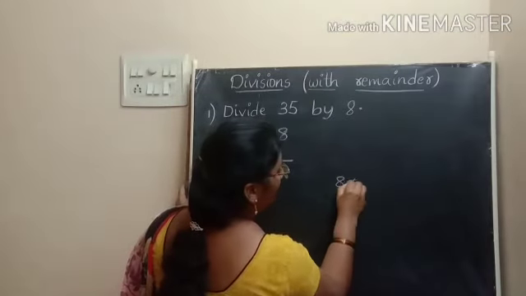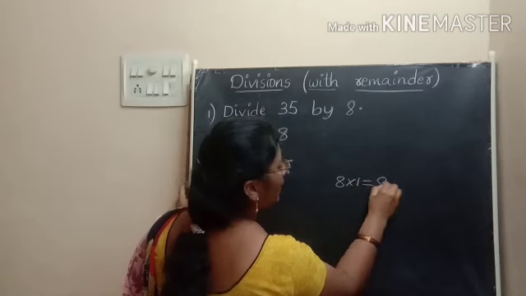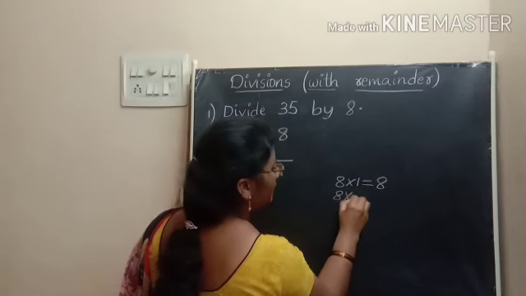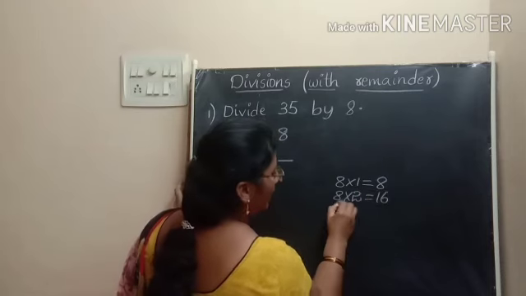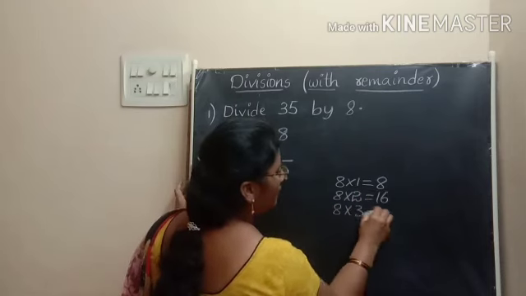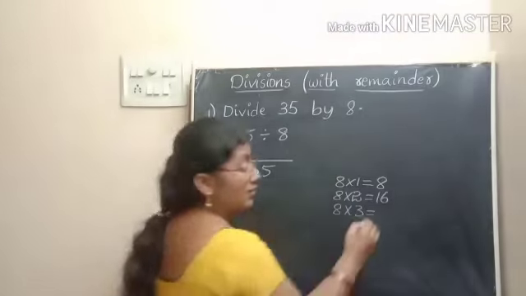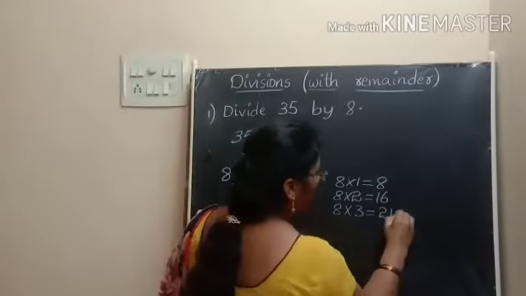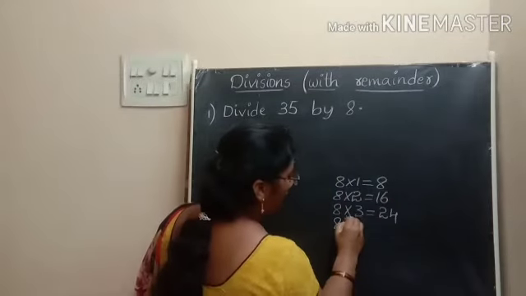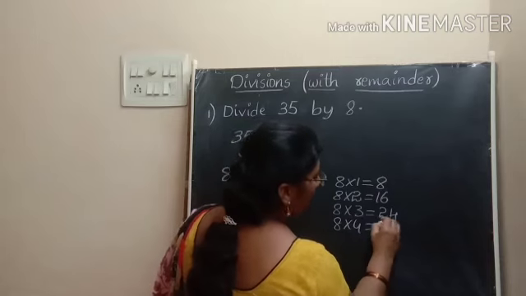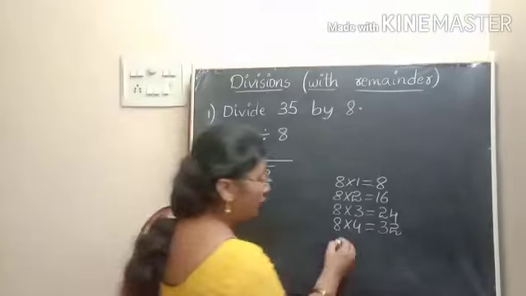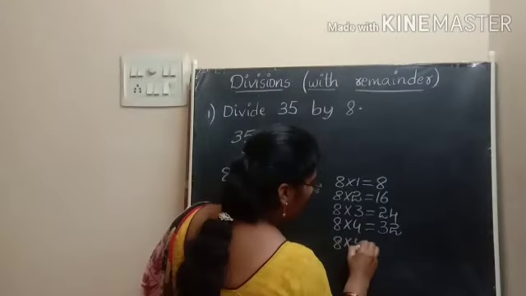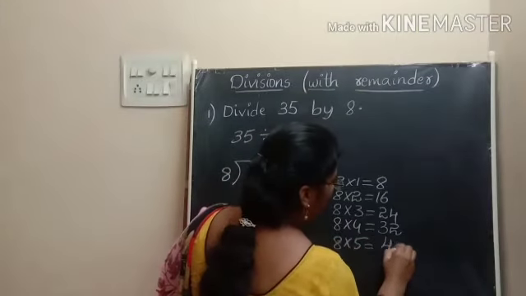Let us write 8 ones, 8; 8 twos, 16; 8 threes, 24; and 8 fours are 32. 8 fives are 40.